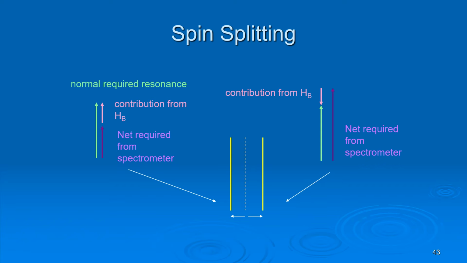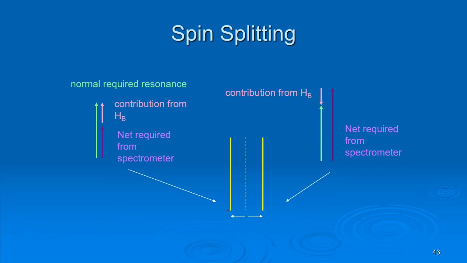So by this pink amount, it's slightly to the left. If the HB is spinning against the magnetic field, then the net required from the spectrometer is more by the same pink amount, but this time it's more. And so that's a little bit more shielding, and it shifts to the right.